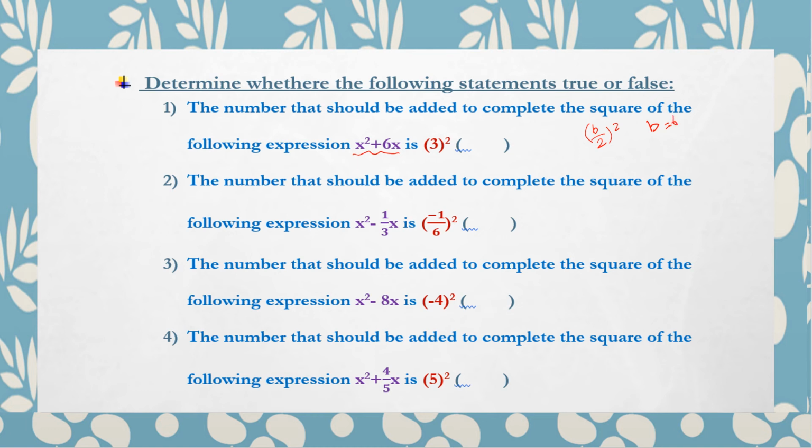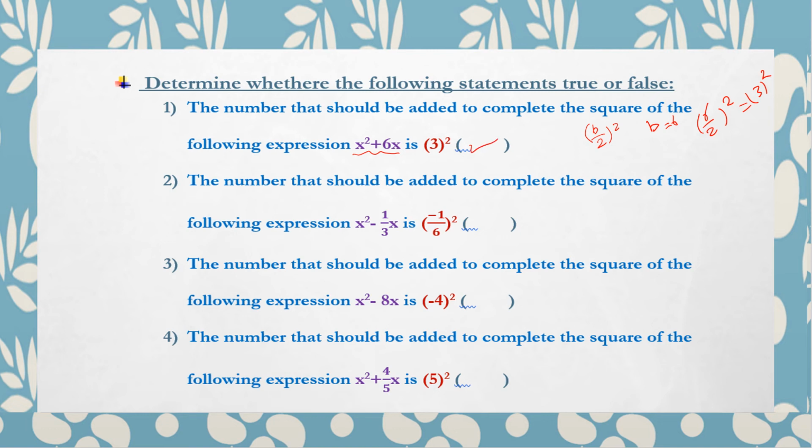So the number that should be added equals (6 over 2) squared, and 6 over 2 gives 3 squared. So 3 squared is correct.